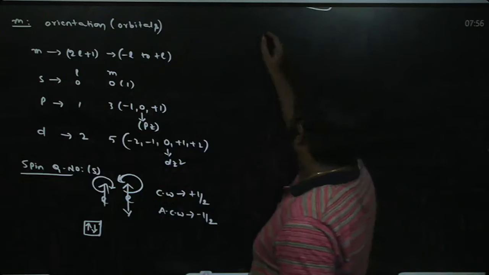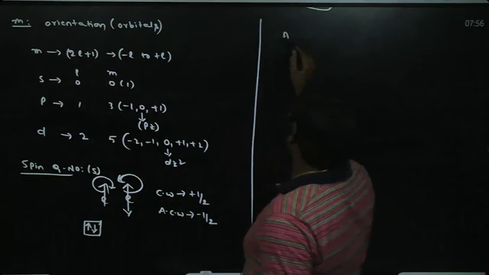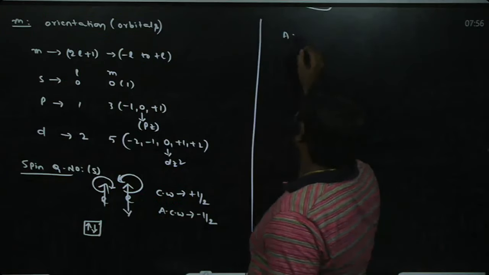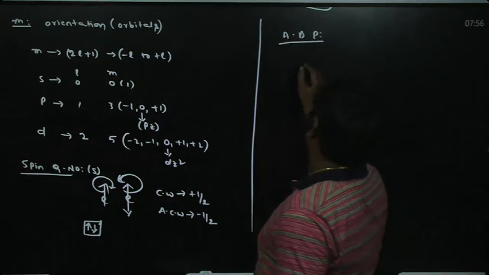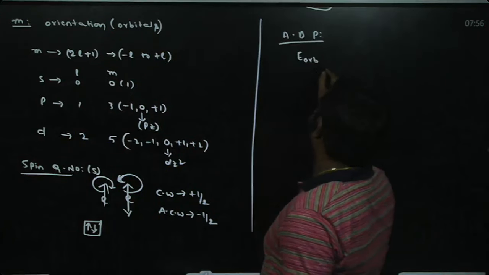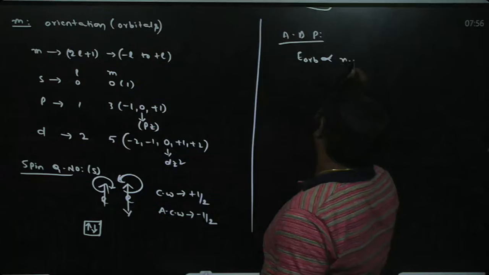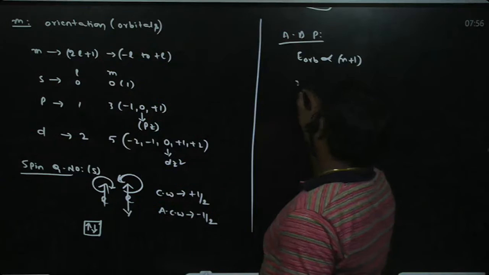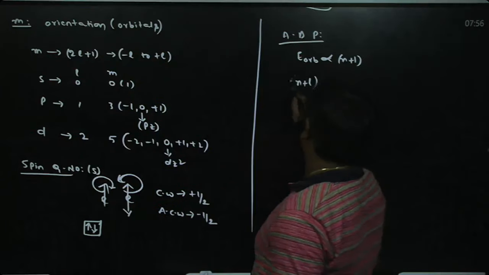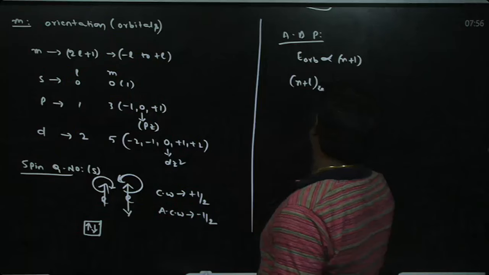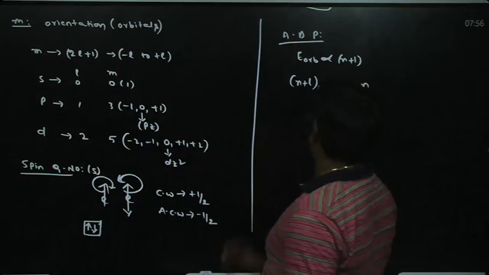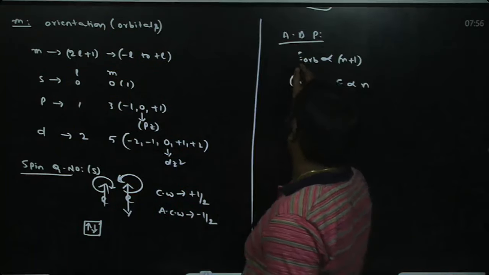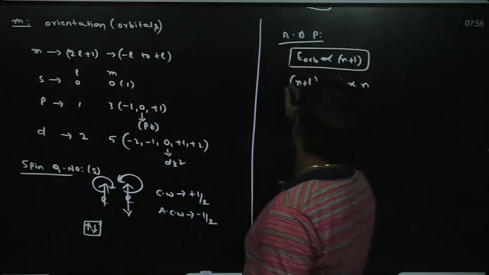That is, energy of an orbital is directly proportional to n plus l. In case n plus l is equal, then energy is directly proportional to n. Two conditions. Okay.